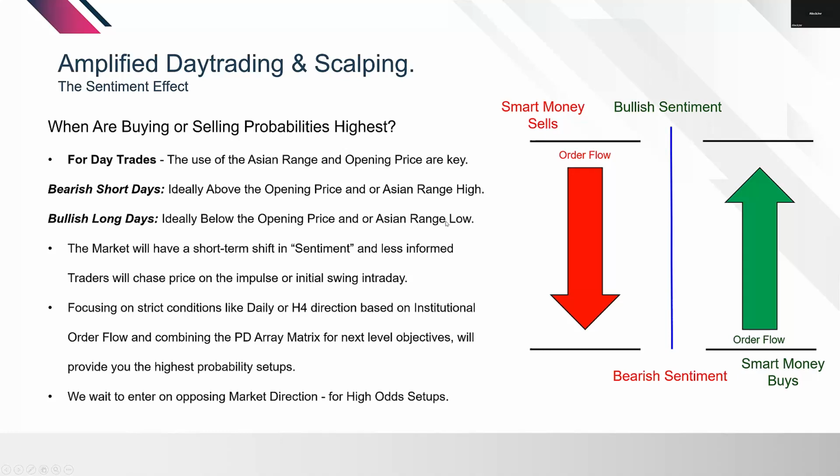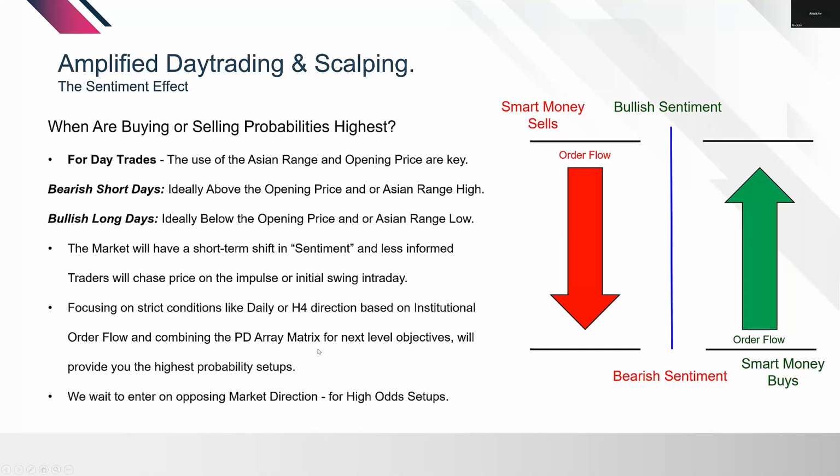So the Asian range low for bullish days and the Asian range high for bearish days is optional. It might be above the opening price, but it might not be above the Asian range high. It might be below the opening price, but it might not be below the Asian range low. So the Asian range low and Asian range high are optional.